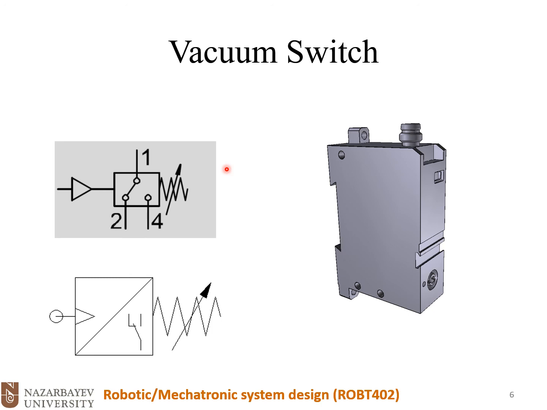And when the vacuum pressure or the negative gauge pressure drops to 0 or less than the desired threshold, then the vacuum switch will turn on the airflow to the Venturi again to have suction.